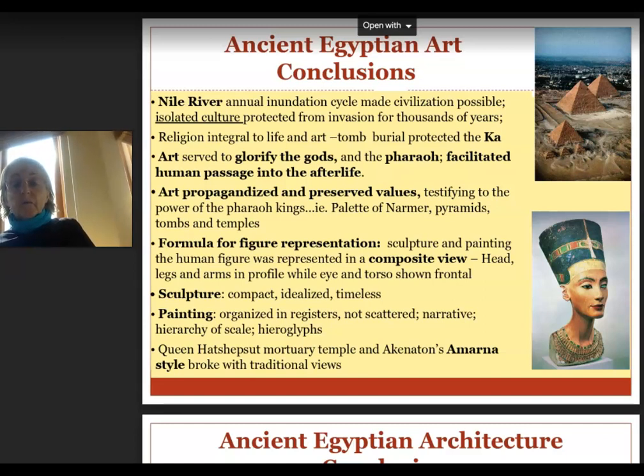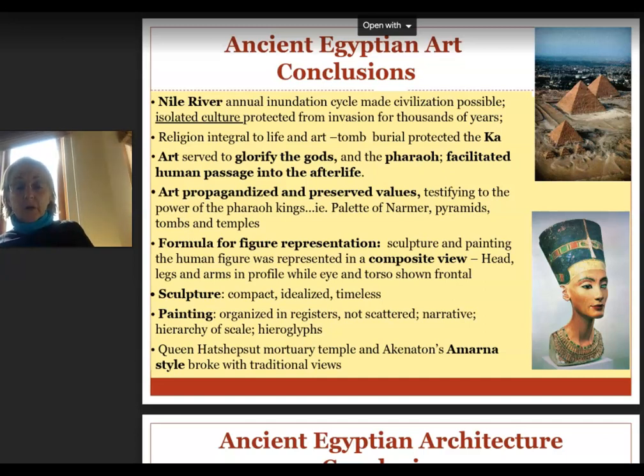Art was symbolic of the kings, the pharaoh kings. They were depicted in things like the Palette of Narmer, pyramids, tombs, and temples. The formula for the figure in sculpture and painting was represented in a composite view. If you'll notice, the head is in profile, the torso is shown frontal, and the legs are shown in profile.